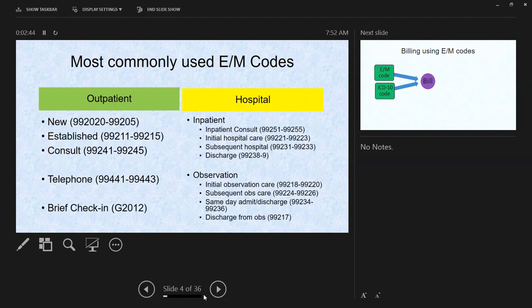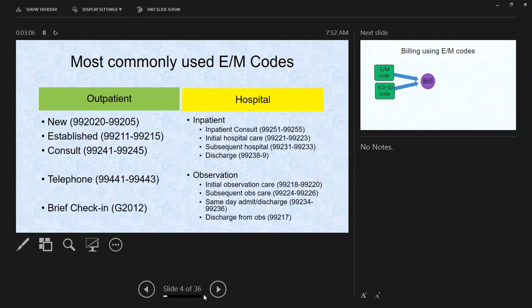For hospital sites of service, there's inpatient consult, which typically is only being billed for private insurers because Medicare does not accept consultations. Initial hospital care is the initial time and the initial visit of seeing that patient. It will be billed by the admitting physician or by a consulting physician on a Medicare patient.